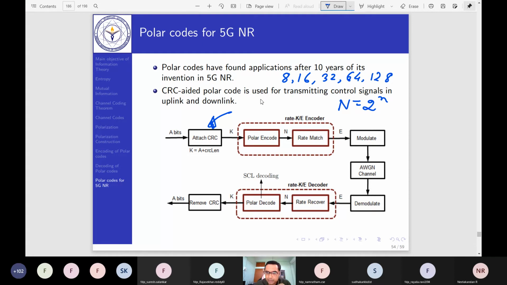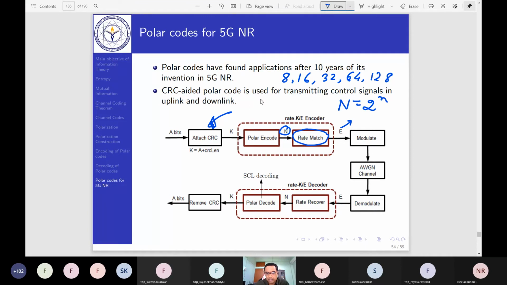But in 5G applications, the target length E may not be a power of 2. Here N is a power of 2, but E need not be. In that case, how to bring the length N down to E? That is known as rate matching or length matching, and it has to be done.